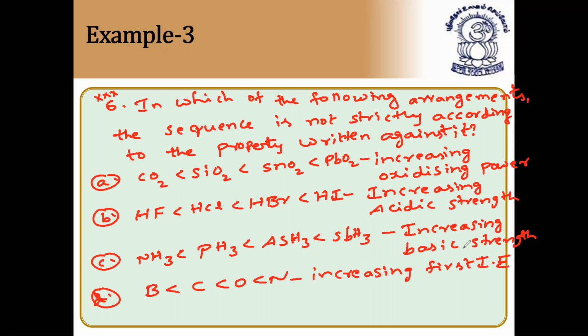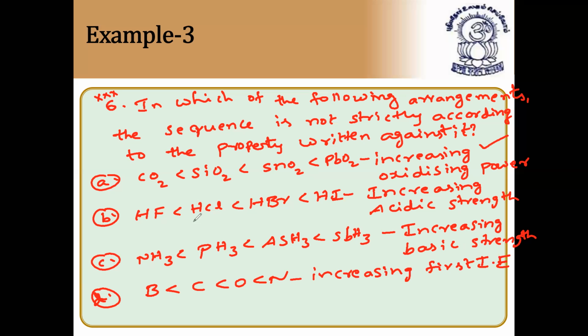So among these, which is the right option? Let us check now. Carbon dioxide less than silicon dioxide, less than tin dioxide, less than lead dioxide, increasing oxidizing power, is the right answer.